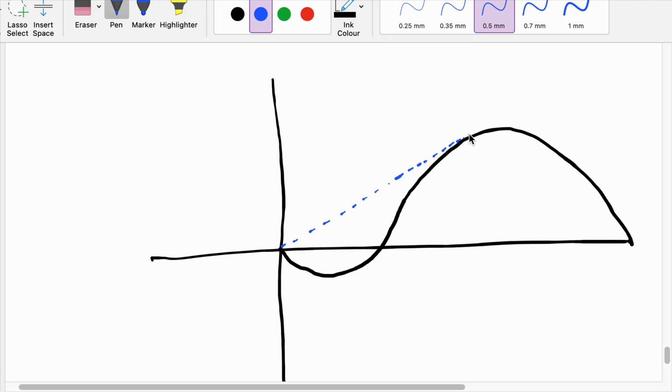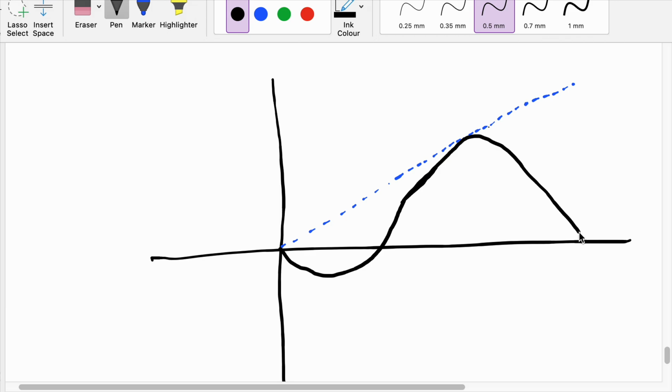Suppose this is the identical line. Now you see here there are two fixed points, one is this one and another is this one.